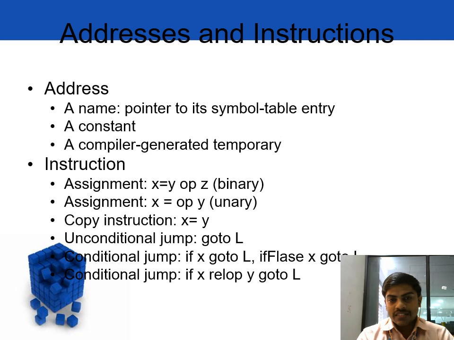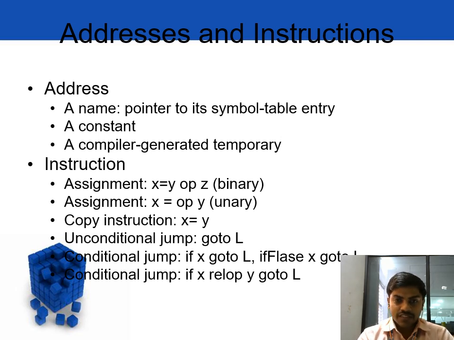And these are the different forms of 3 address codes. It can be used to represent addresses such that names, constants, and any compiler generated temporary can be used to represent them.